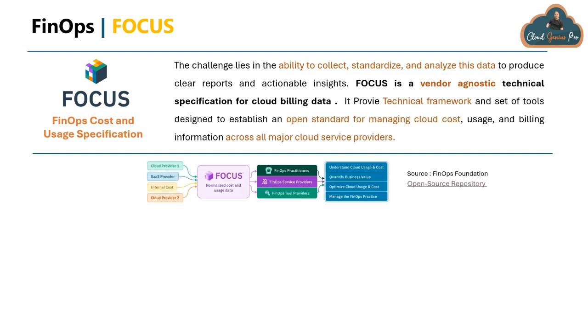So actually how it works is that you are getting reports from multi-cloud providers, sometimes SaaS providers as well, or even your internal billing system. All that data will be fed to the FOCUS framework, and the FOCUS framework helps you to define or consume the standard naming convention for each parameter, and it will be cloud agnostic so that you can normalize the overall data and read it or analyze it easily.